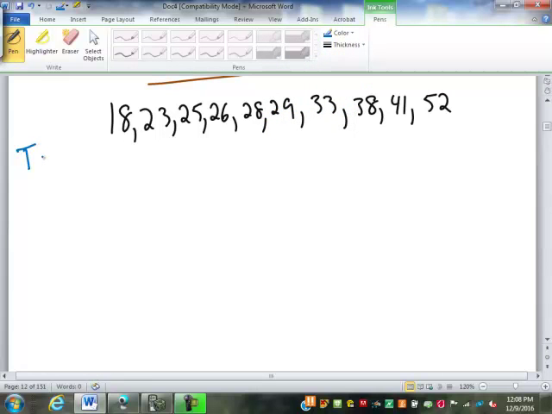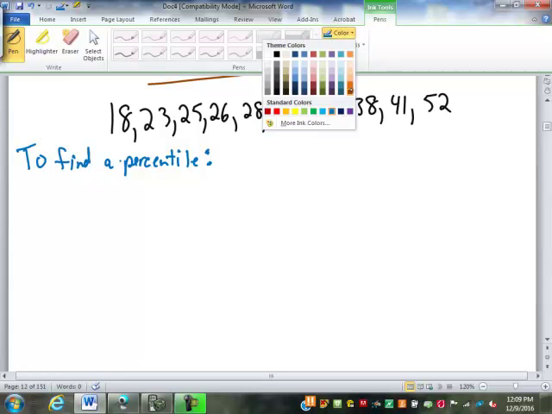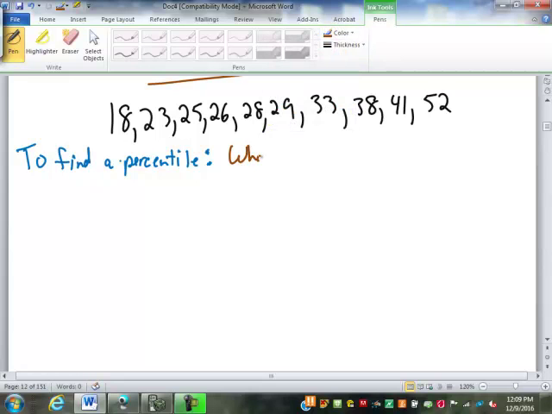To find a percentile, in other words, what percentile is, let's say, 30.